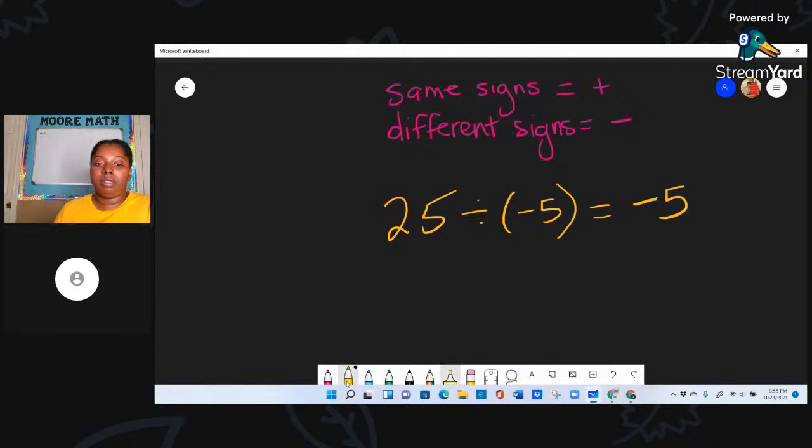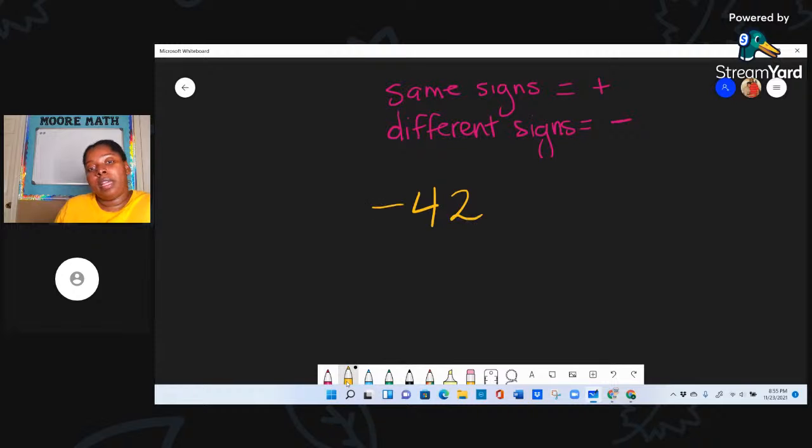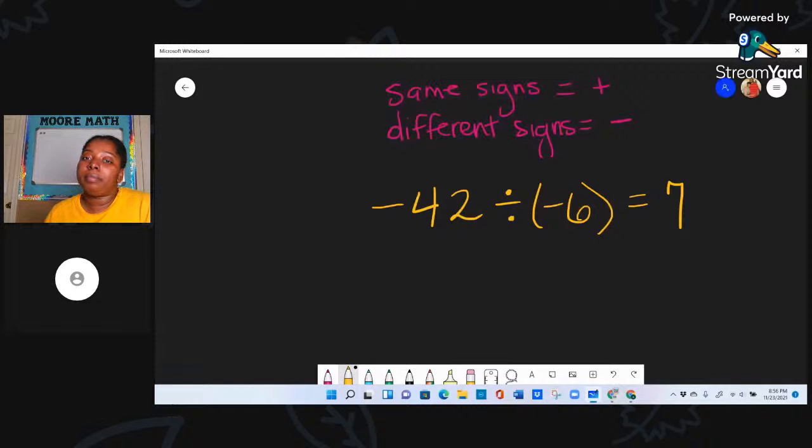Good. Okay, we see that the signs are different. So that's excellent. Negative 42 divided by negative 6. 7. Good. Positive or negative? Positive. Excellent.